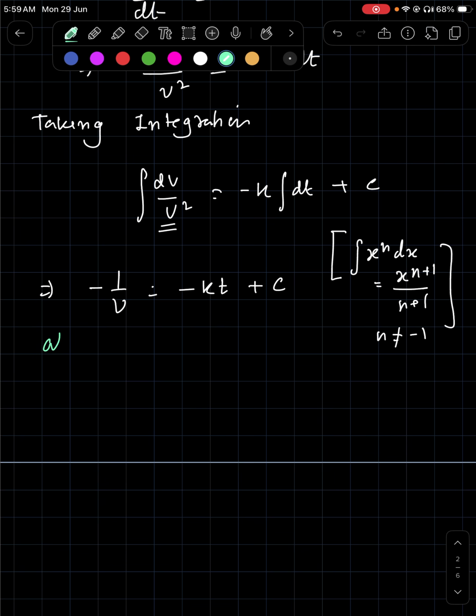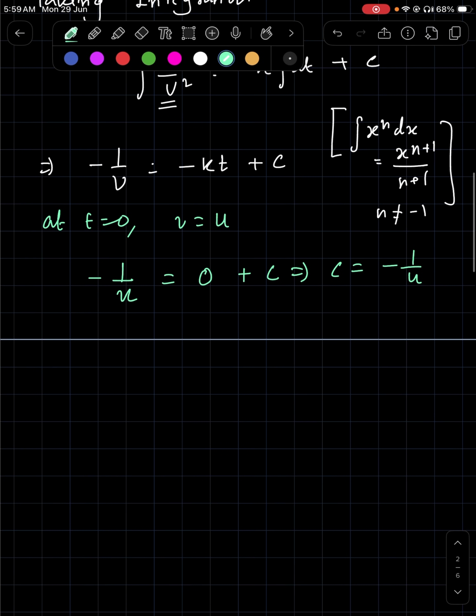At t equal to 0, v is u. If I put u in place of v and 0 in place of t, the first term is 0, so c becomes minus 1 by u. If I put c in this equation, I get minus 1 by v equals minus kt minus 1 by u.